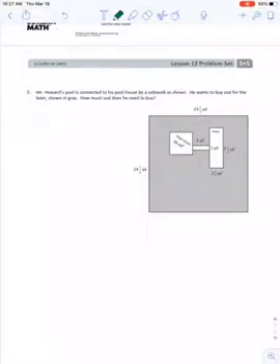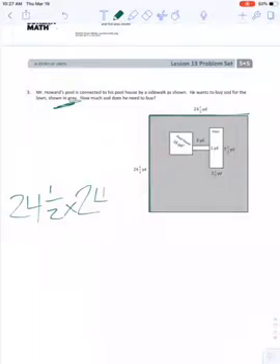Now, we know that he needs to buy sod for everything that is shown in gray. So we know initially that we can figure out the whole box by doing 24.5 times 24.5. Once you multiply that, first you need to make it into improper fractions.